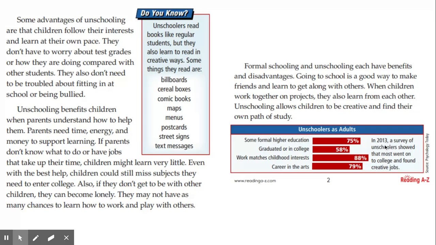It talks about in 2013, a survey of unschoolers showed that most went on to college and found creative jobs. And then over here, we have a text box, and it says, unschoolers read books like regular students, but they also learn to read in creative ways. Some things they read are billboards, cereal boxes, comic books, maps, menus, postcards, street signs, and text messages.